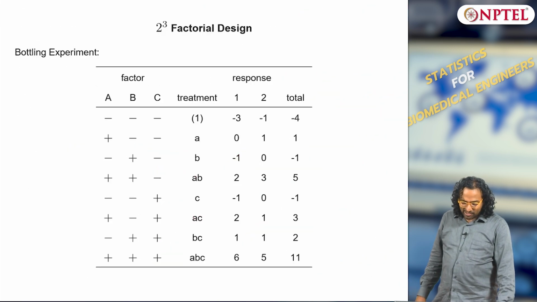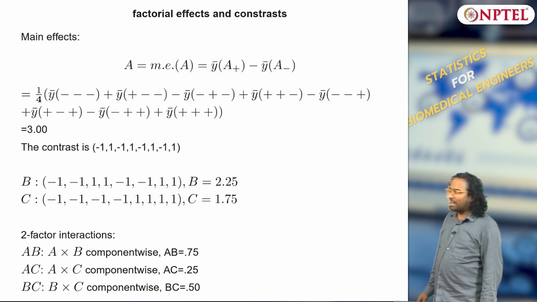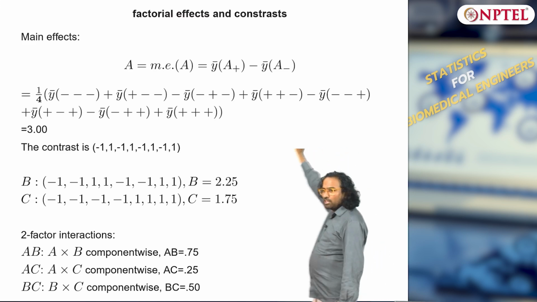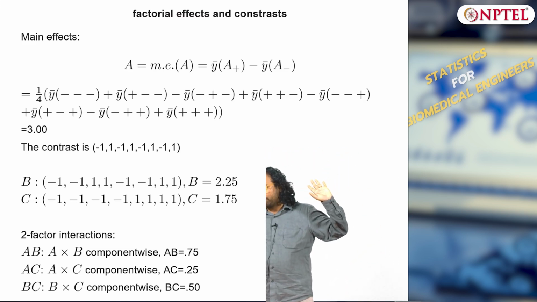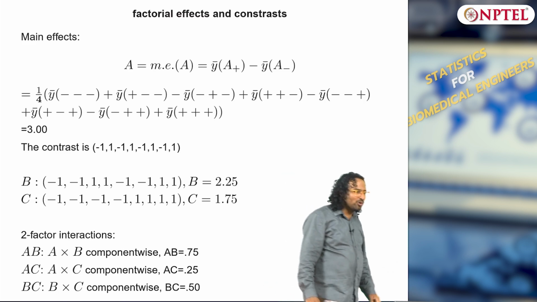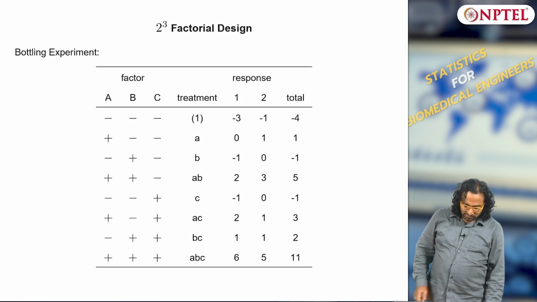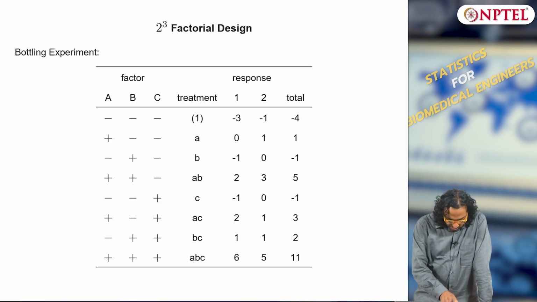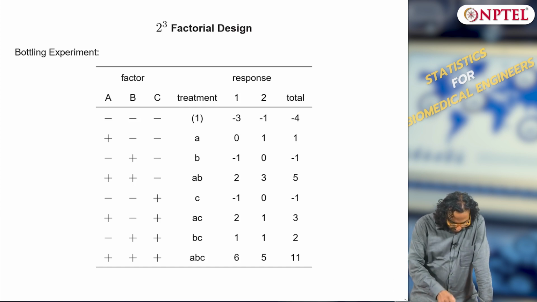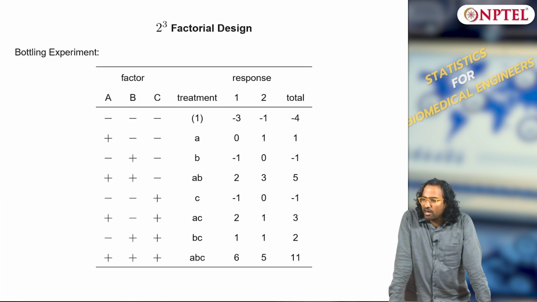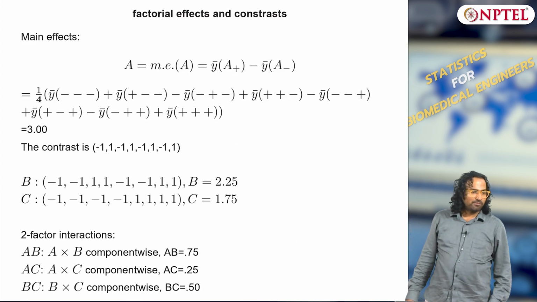But here you have to come back and stand your ground and say, look, A positive minus A negative is my net effect of A. How many terms will have A positive? Go back, look at the A positive terms, there are 4 and A negative terms 4. So, totally all 8 coefficients are involved. So, it is pretty straightforward.